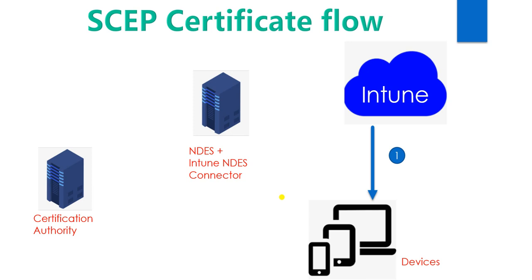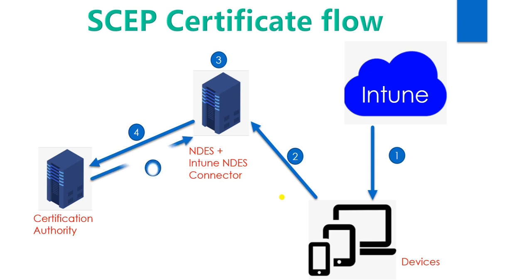First, Intune will connect with the device, and then the device is going to connect with your NDES server plus Intune connector. When your device is connecting with the NDES, at the same time it will connect with the NDES connector. So this is the third point. And the fourth point, this NDES server is going to communicate with your CA, certificate authority, and then your CA will send back the certificate to your NDES server.